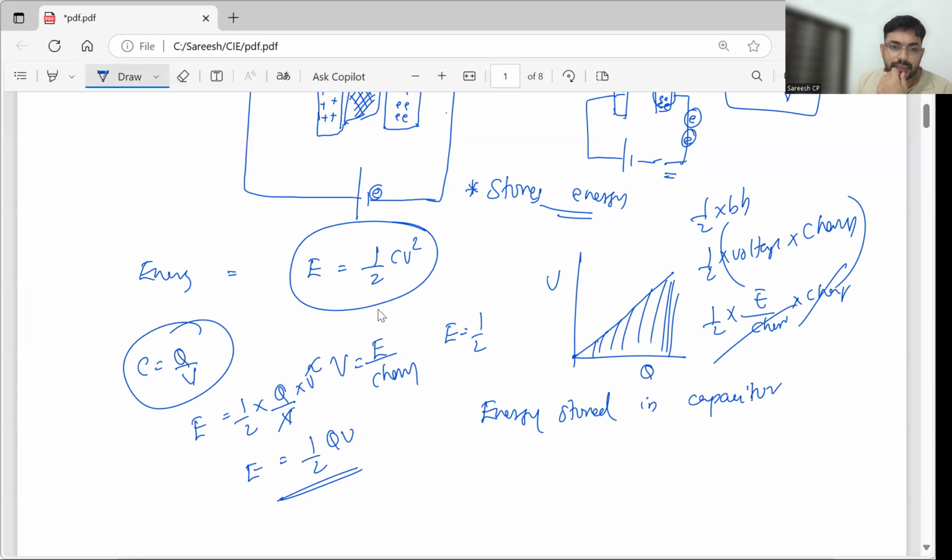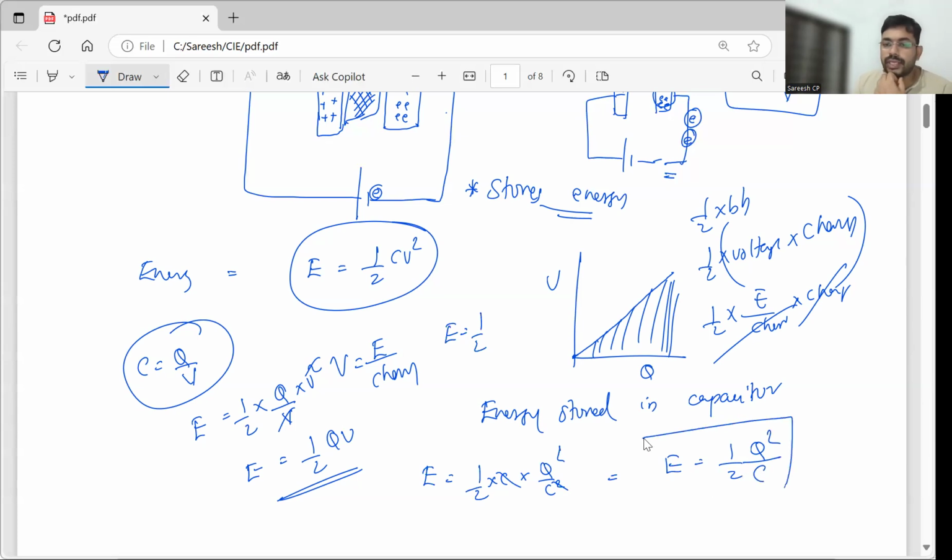Then instead of V, you can write Q over C. So energy is equal to half into C into Q over C all square, which is Q square by C square, and this one cancels. So energy is equal to half Q square over C.